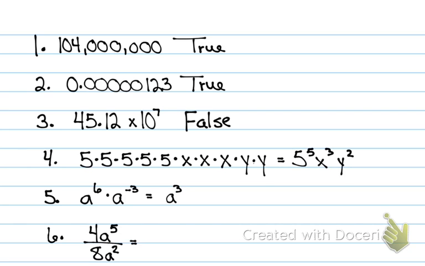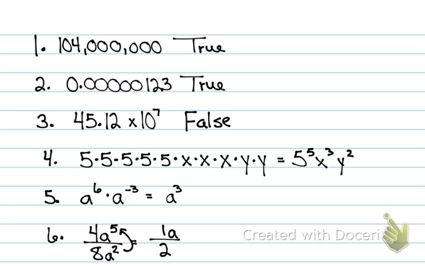All right, number 6. It looks like it was similar to number 2 on your quiz. I want you to go ahead and simplify the expression. Can I reduce the numbers 4 over 8? Okay, so you must reduce that to 1/2.